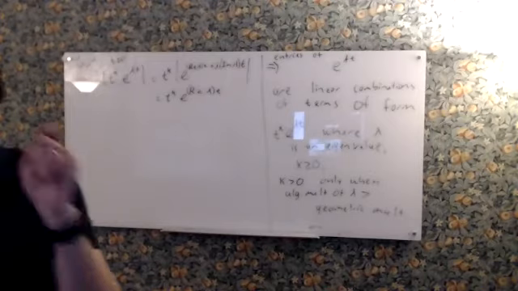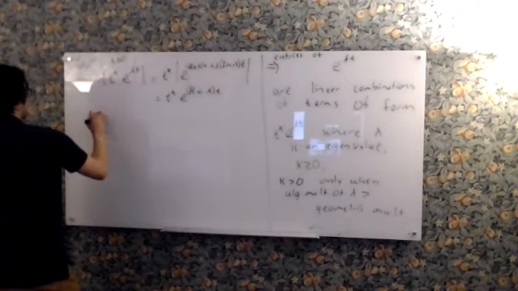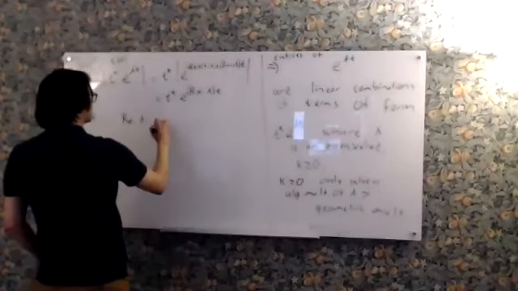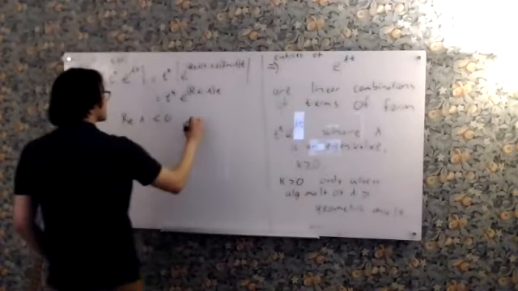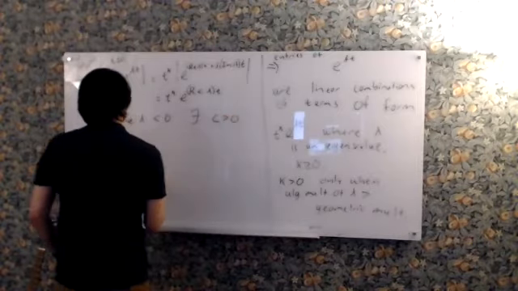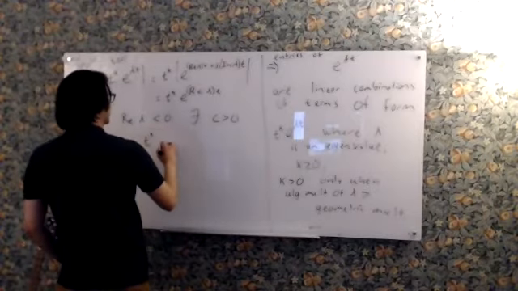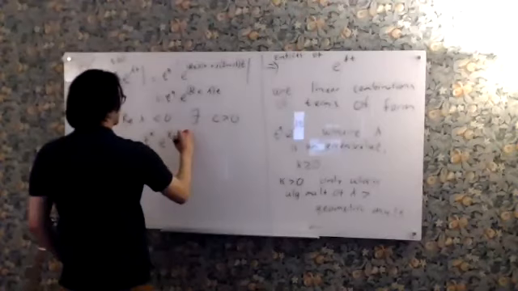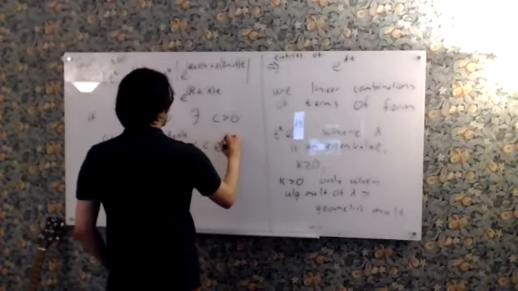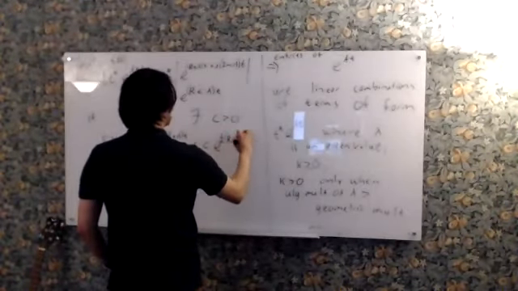And what we'll see in the homework assignment is that if the real part of lambda is less than 0, there exists a constant c greater than 0 such that t to the k, e to the real part of lambda t is less than a constant times e to the 1/2 real part lambda t.